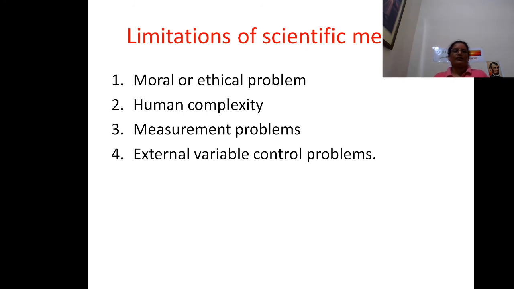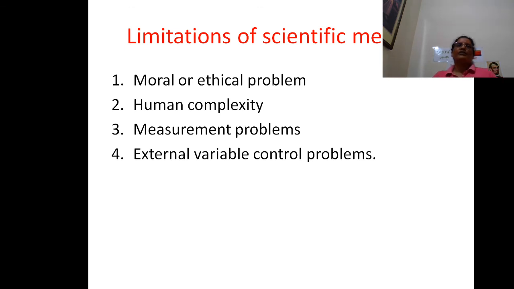That's why it is very difficult for us to check something we are going to check. And measurement problems: different aspects of human behavior are psychological in nature, which cannot be accurately measured.